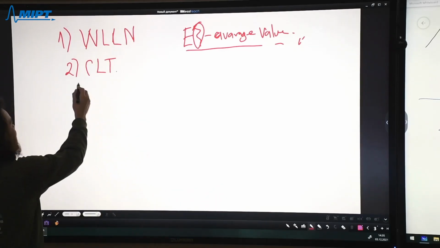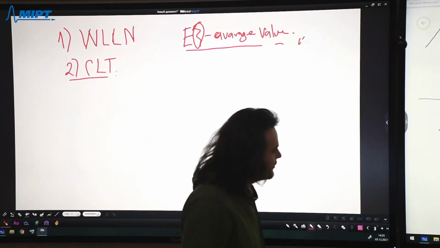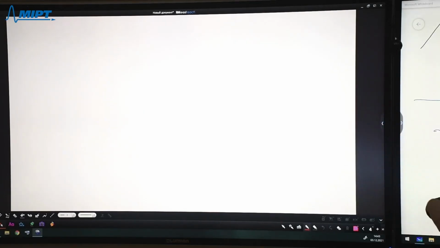Now the central limit theorem is as follows. Today we are going to prove that we actually don't need all of that.